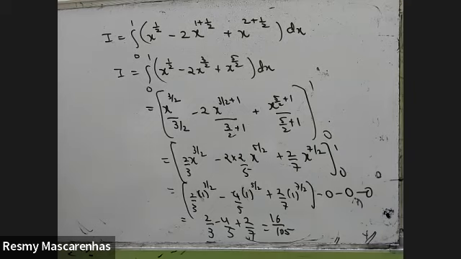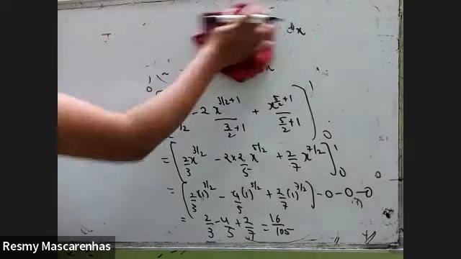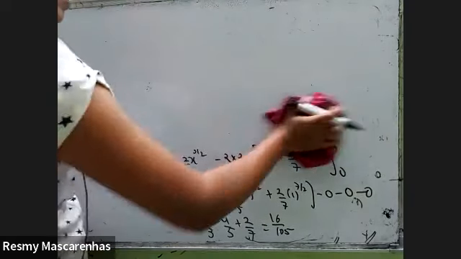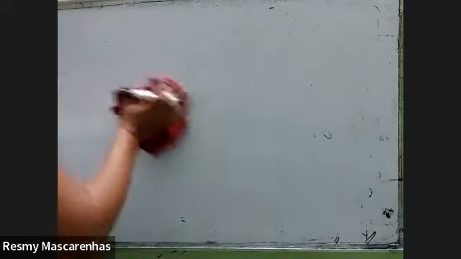Okay. With this, I finished the property-based problem. Just one small problem was left. This step I had not done. I'll do that. It does not come from the property.